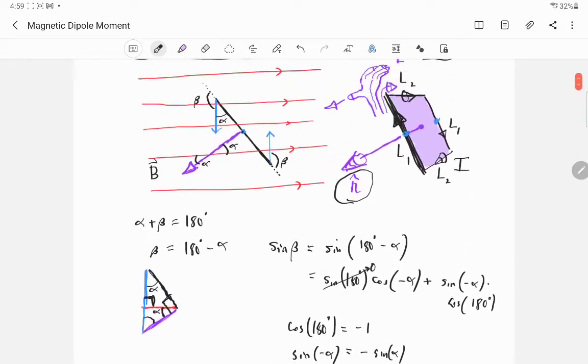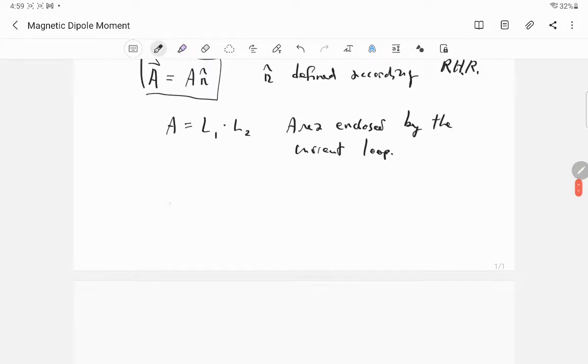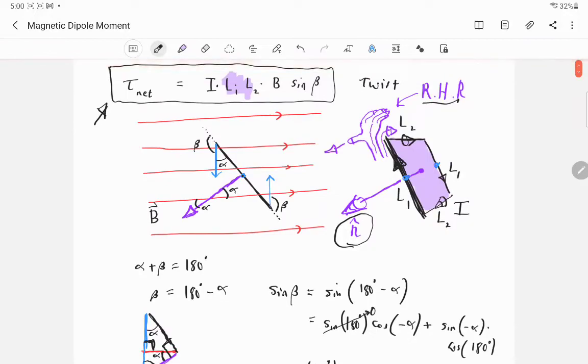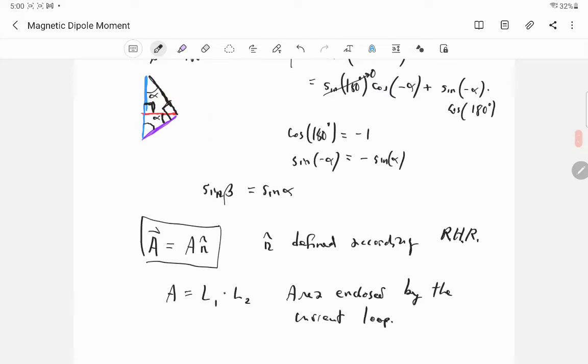And then what I want to convert this expression to is, if you look at this expression for the torque, let me rewrite it down here. The net torque was equal to I, L1, L2, and then B, and then the sine of beta, right?